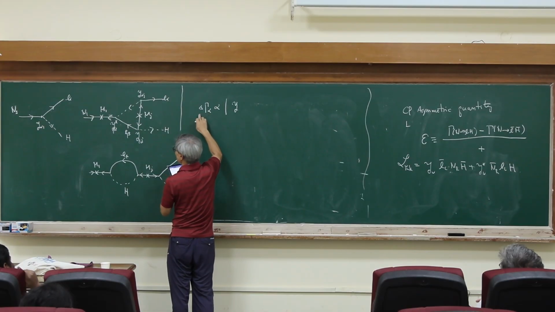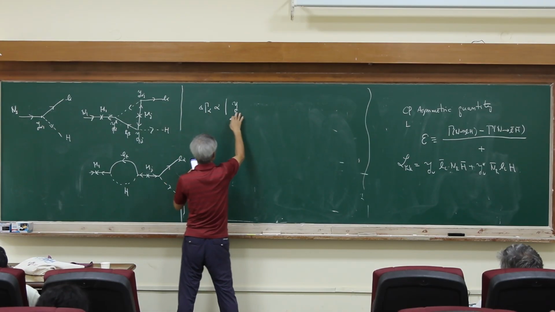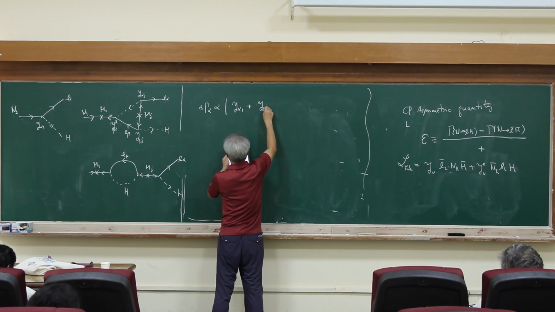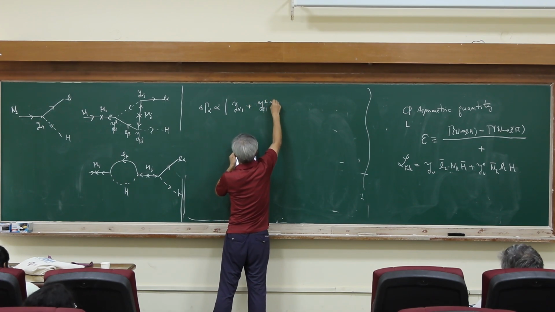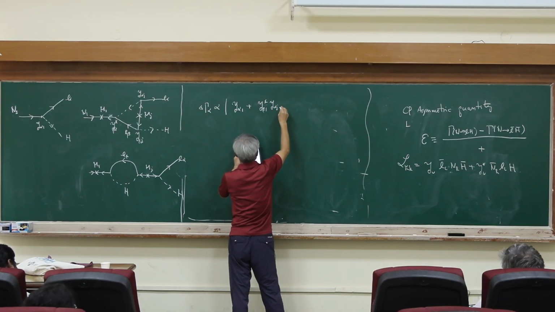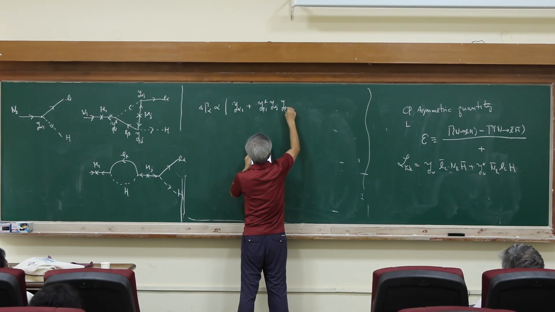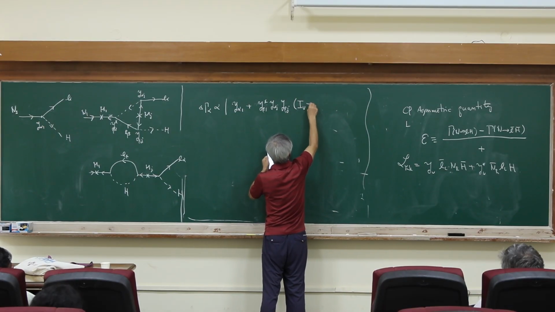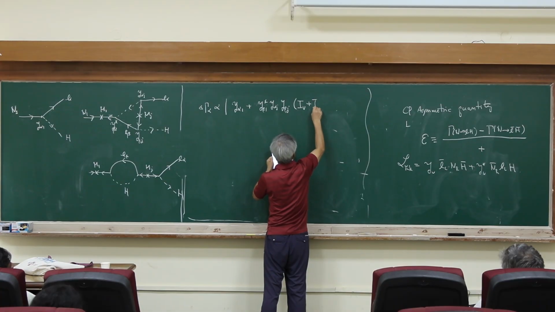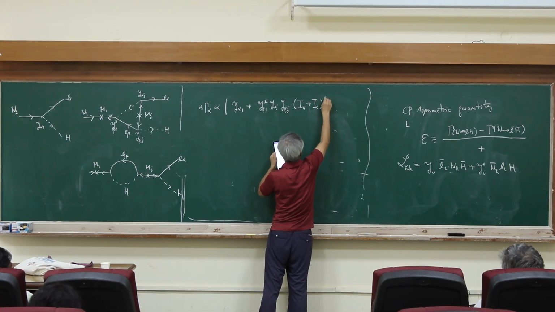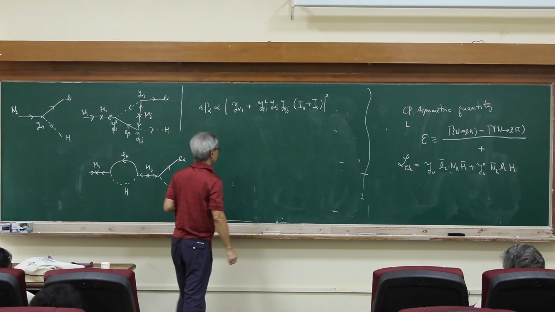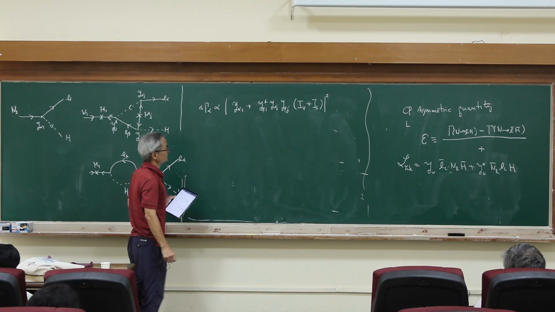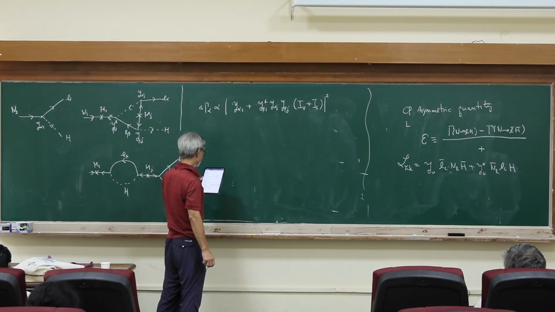For N decay to L alpha H, the rate should be proportional to the one-loop integration for the vertex correction and self-energy diagram.